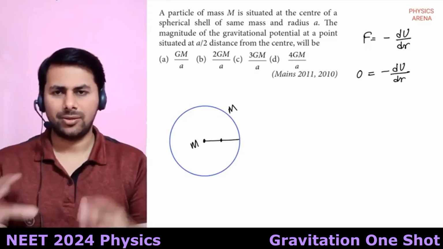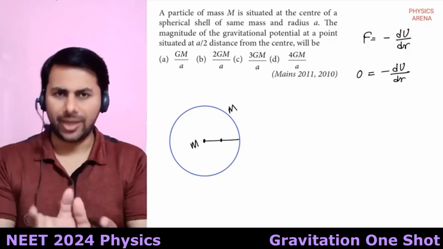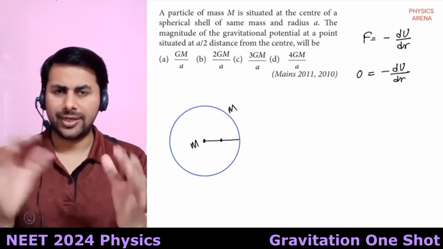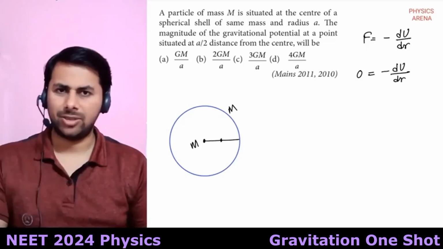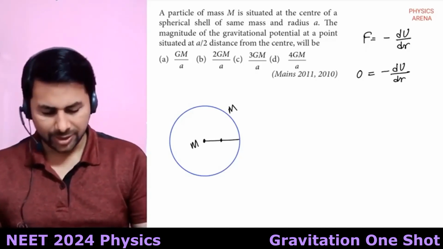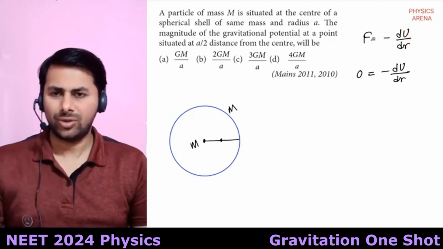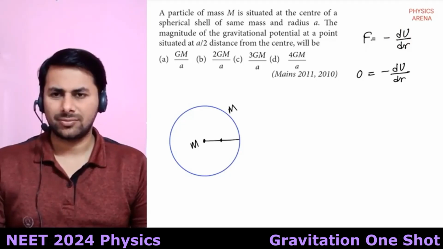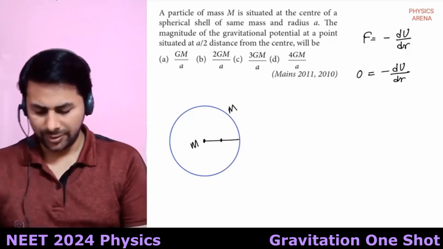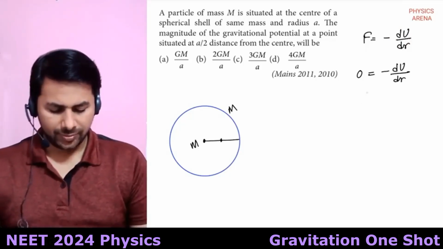What does it mean? If you have only shell, inside shell the gravitational force is 0. That means dU by dr is 0. That means U remains constant.